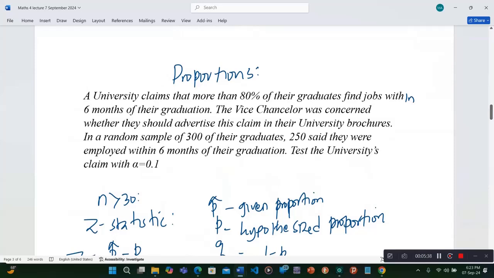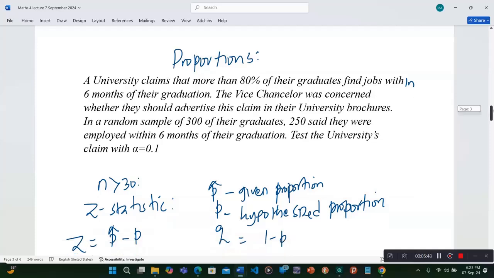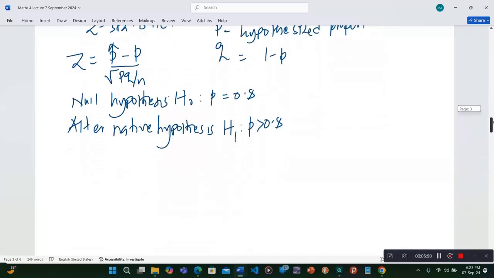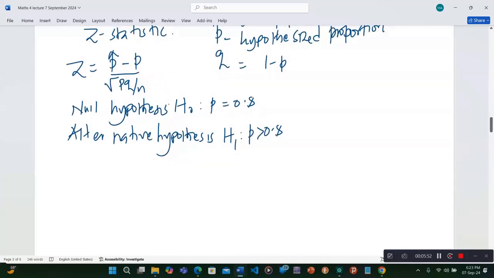The university claims that more than 80%. So we have to carry out a test to either accept this claim or refute the claim. So from there, what is your Q? Your Q is obviously going to be 1 minus 0.8, giving you 0.2.